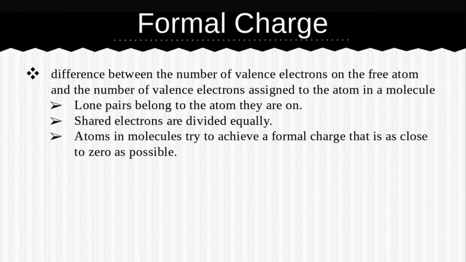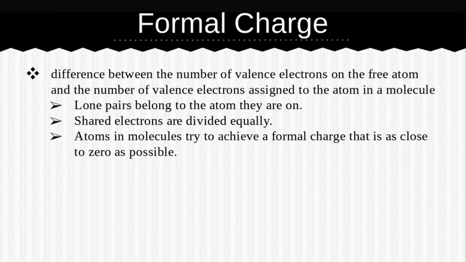To find the formal charge, we take the difference between the number of valence electrons that the atom starts with and the number of electrons that it has in the molecule, from the bonds and lone pairs. The lone pairs belong only to the atom that they're drawn on, but the bonds are shared equally. We just assume they're shared equally when we calculate formal charge.